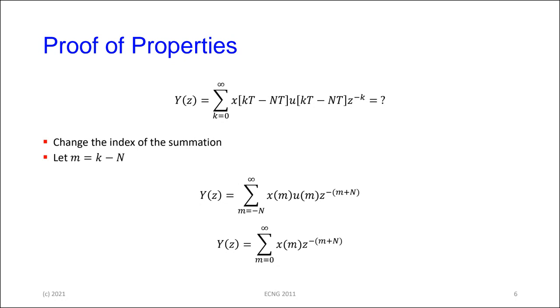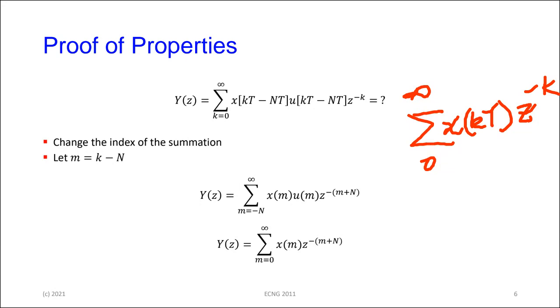The Z transform is the sum from k equal 0 to infinity of x(kT) z to the minus k. So I want this to look kind of like that. So what I'm going to do is change the index of summation. I'm going to let m be k minus n. Always remember this is a shorthand.